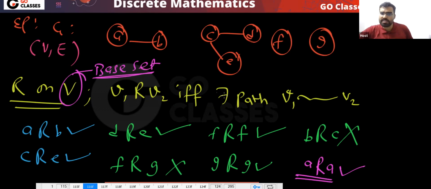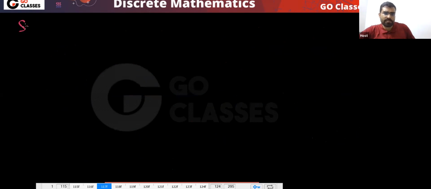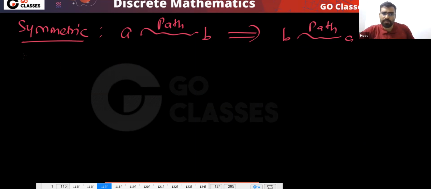Why is this symmetric? Because if there is a path from A to B, then there is a path from B to A. Yes or no?